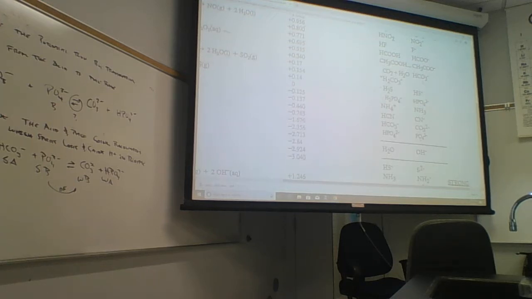So we do have reaction. Therefore, an acid-base reaction did occur. So we didn't see any metathesis, but we did see acid base.